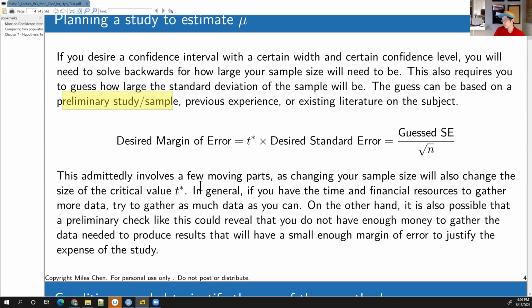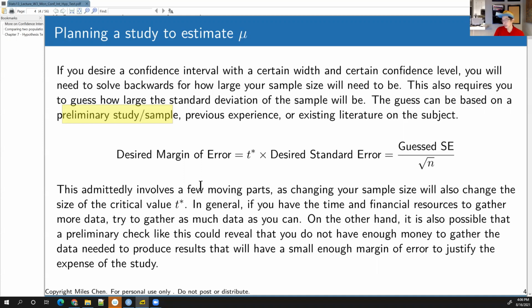There are several moving parts here, and changing your sample size, increasing n, does affect what your t-star is going to be, right? With a smaller sample size, you're generally going to have a larger t-star, and with a larger sample size, t-star is also going to get smaller.